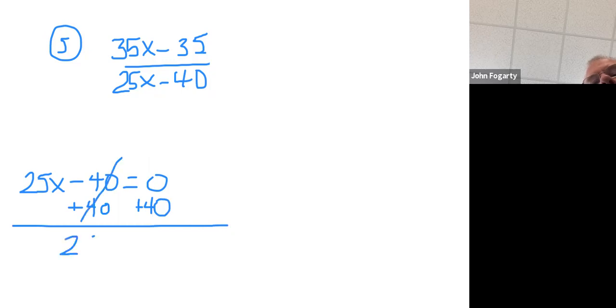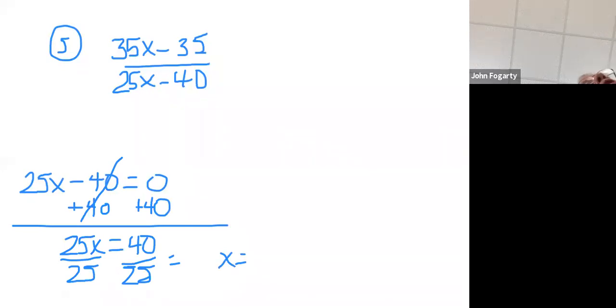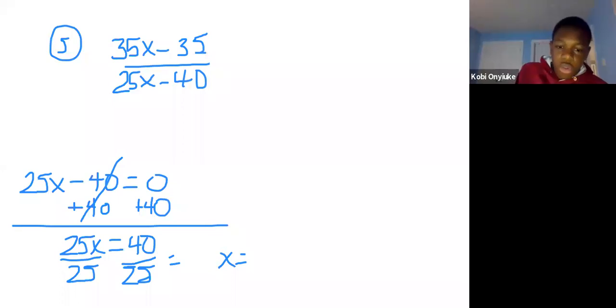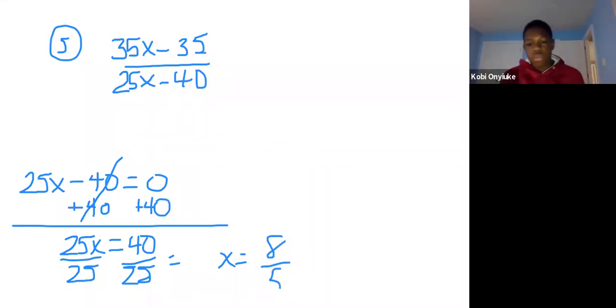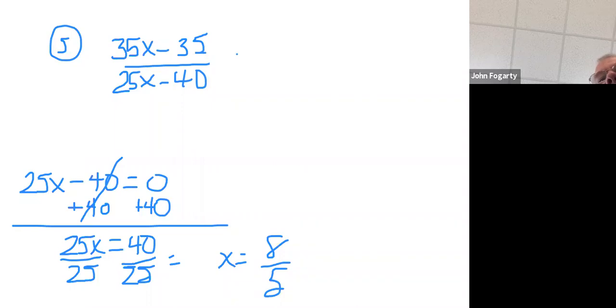So I get 25x equals 40. Divide both sides by 25. And I get x equals, reduce 40 over 25, 8 over 5. Good. So here's what I know. x cannot be 8/5 because if it was, my denominator would be undefined.